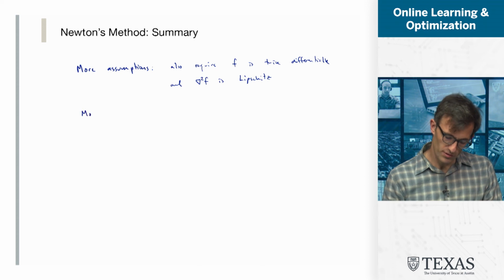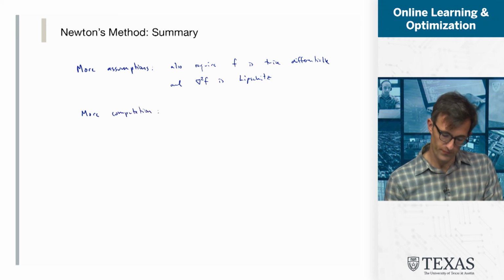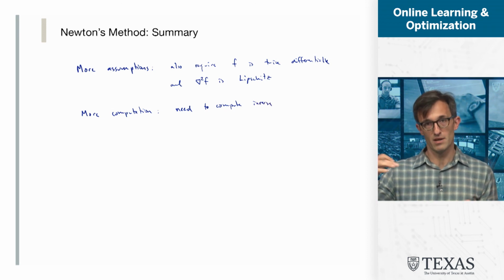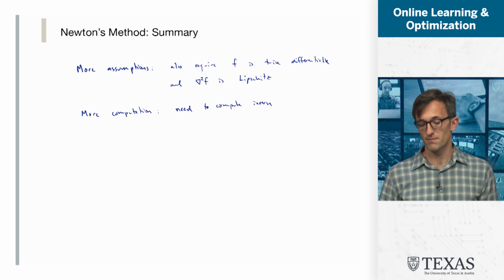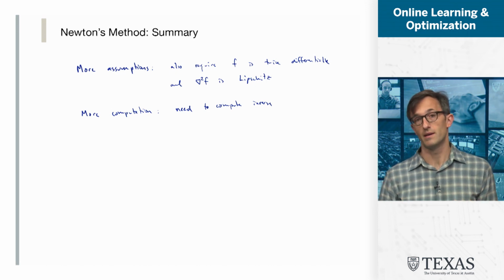We also saw that we require potentially much more computation. I need to compute the inverse of a dimension by dimension matrix. For n dimensions, we need to compute the inverse of an n by n matrix, which is about an n cubed operation.